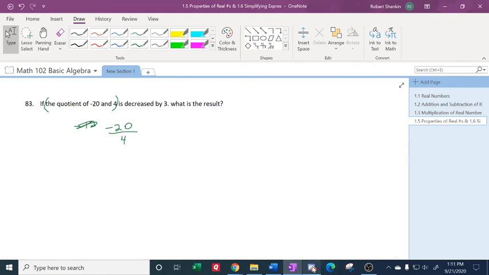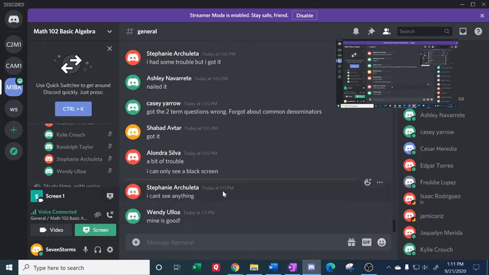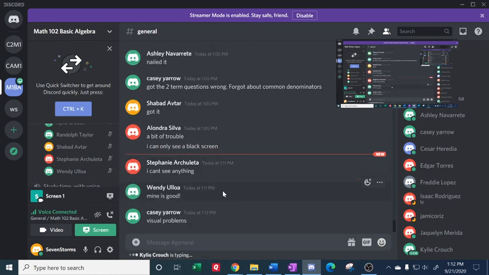In the main text channel, type in visual problems if you're having it. I closed it and logged back in, and it seems to be fine now.